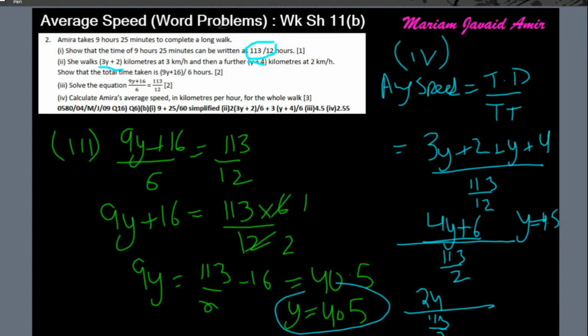So you can find 113 over 12 in your calculator first and then do 24 divided by the answer. 113 over 12 gives us 9.416666, and then dividing 24 by that answer, we get 2.548. So the rounded answer is 2.55.